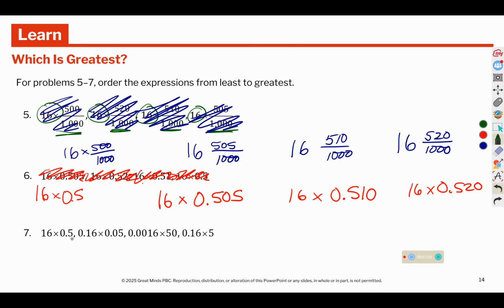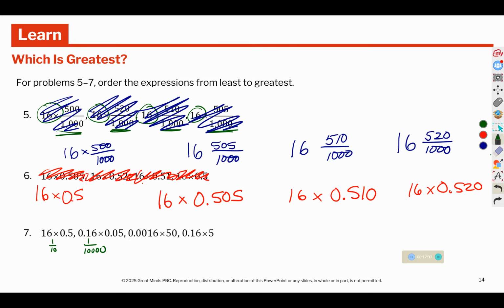Number 7, the 16s are not the same. Those have changed, so we have to be paying close attention on this problem. This is 16 with one place value, or one decimal, so this is broken down into a tenth. This one I have 2 here and 2 there, so that's 1, 2, 3, 4 spots that it's broken down by.